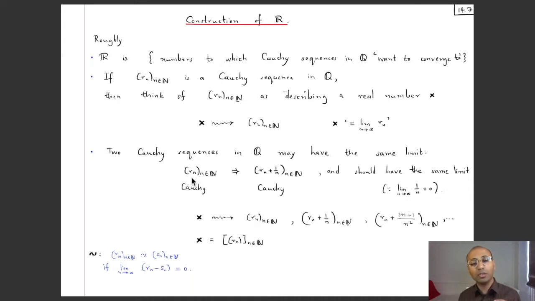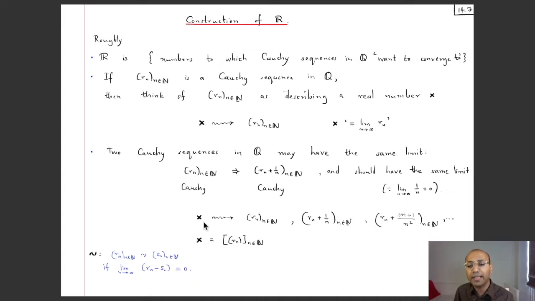So if you think of this Cauchy sequence as describing a real number x, then that same x should also be associated with this Cauchy sequence. And we can keep playing this game. I can perturb this r_n by any Cauchy sequence whose limit is equal to 0, and for the purposes of talking of this real number x, all of these Cauchy sequences are then the same, because each of them has the same limit x.